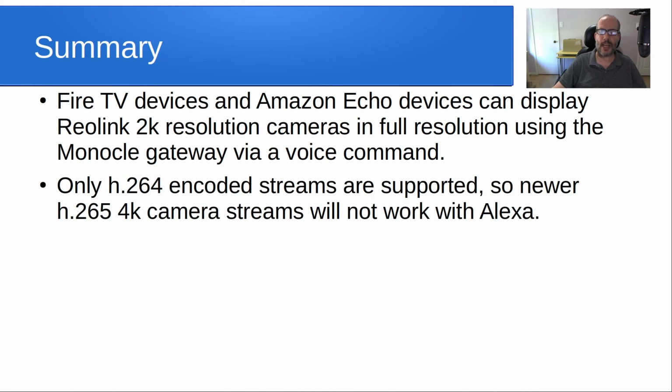Only H.264 encoded streams are supported, so newer H.265 4K camera streams will not work with Alexa. And furthermore, I really believe that all 4K cameras are mostly H.265, so you're not going to have any luck trying to get them to display.